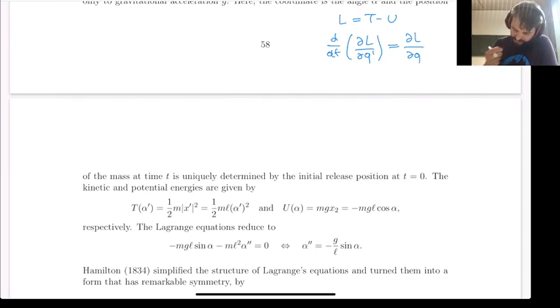L in our case is a half m l alpha primed squared minus, so there's a minus and a minus that cancel, so that's a plus m g l cos alpha.